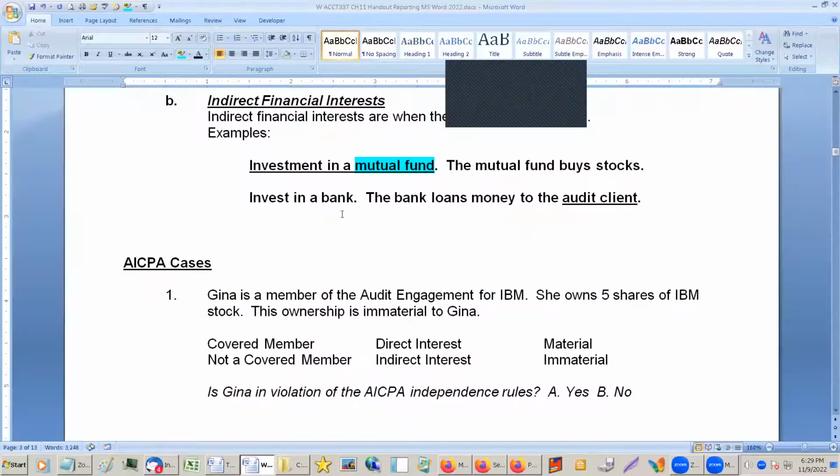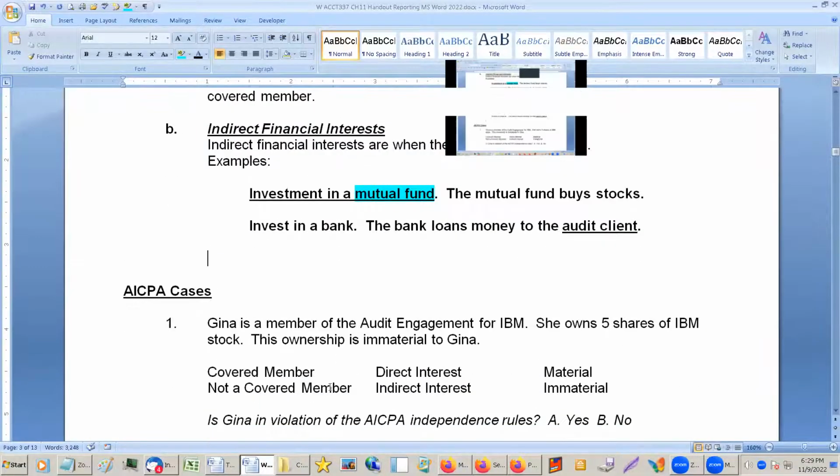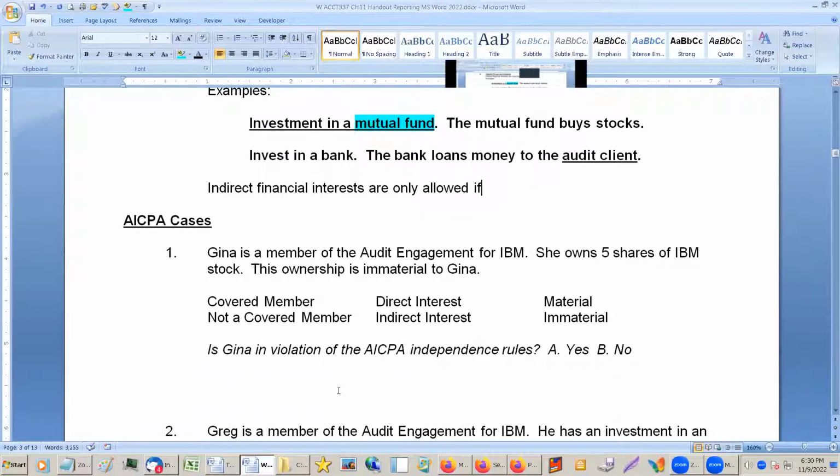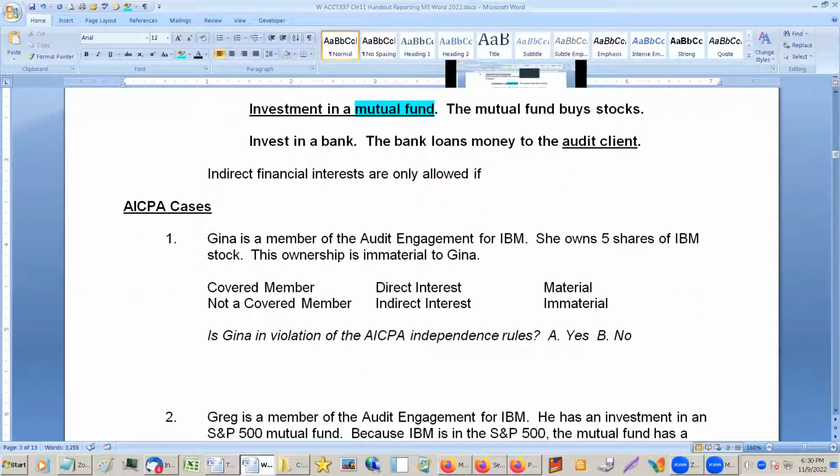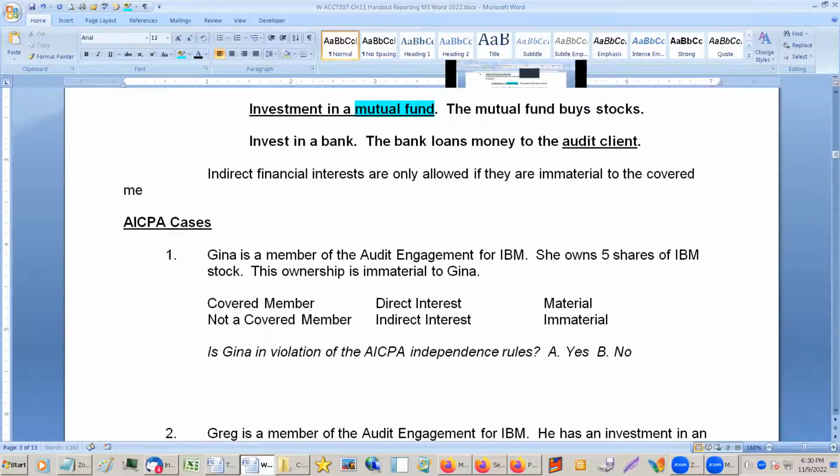So what are the rules for indirect financial interests? Indirect financial interests are only allowed if they are immaterial to the covered member.